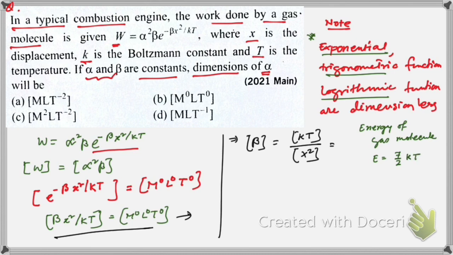That's why this kT term must have the dimension of energy, right? So we can replace the dimensional formula of kT by the dimensional formula of energy, because both are the same, right?